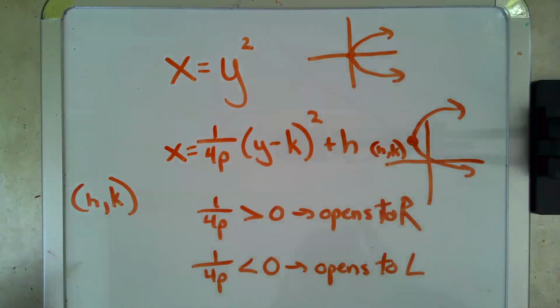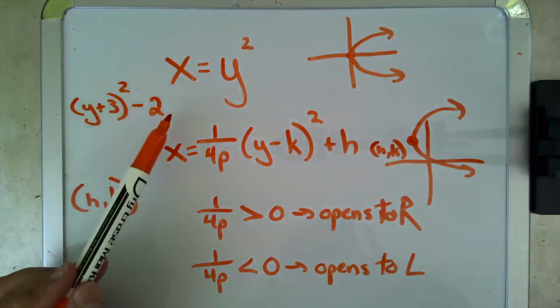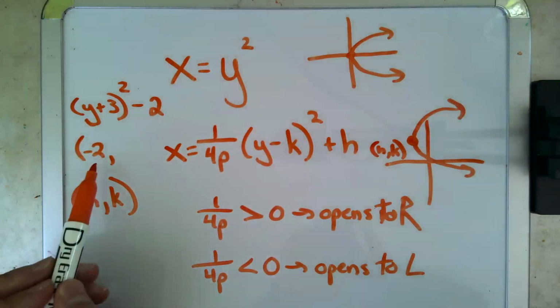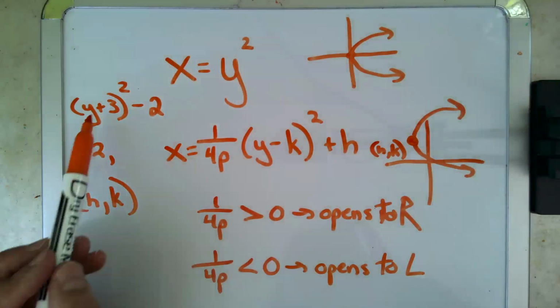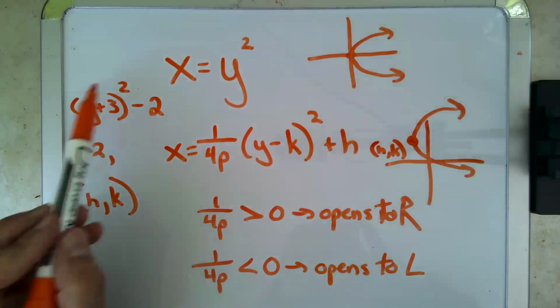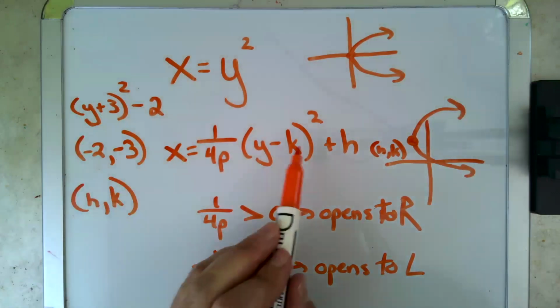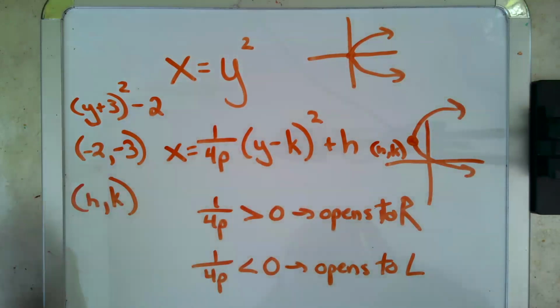So if your equation says y plus 3 squared minus 2, that means your h is minus 2, and your k, y minus k, well, if this is y plus 3, then the k must be minus 3, because minus a minus 3 is what would lead you to a plus 3 there. So just be aware of that.